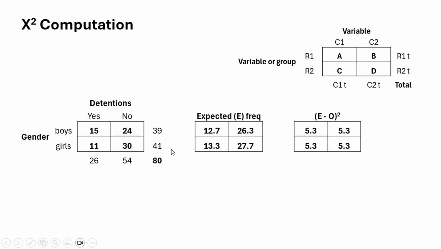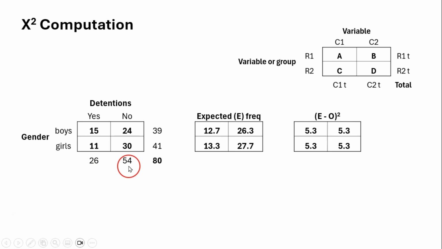So everything adds up because you can see that 15 and 24 equals 39, 11 and 30 equals 41, and then 39 plus 41 is equal to 80. But as a check, you can also see that 26 plus 54, which are the column totals, is also equal to 80.